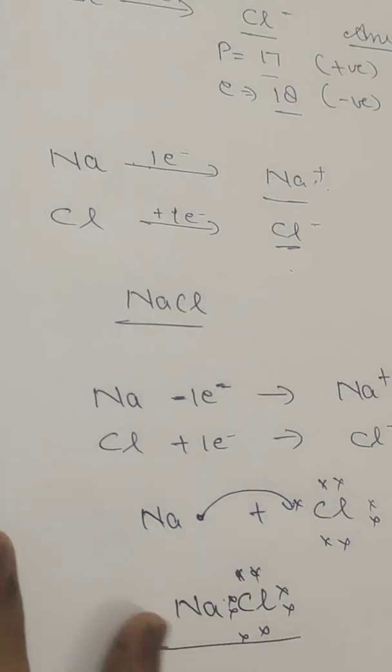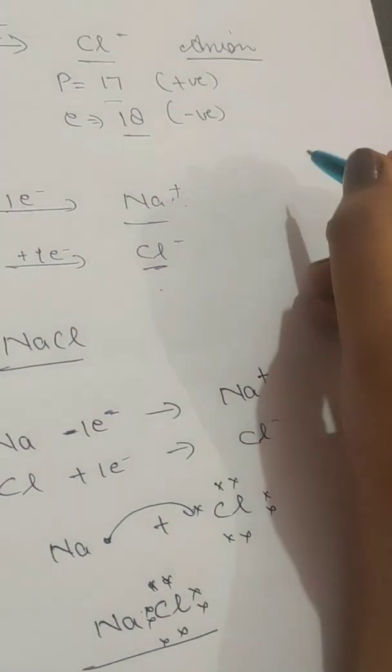So now the elements are the substances. If we take the smallest part of the element, we will get an atom, and if we take the smallest part of a compound, we will get a molecule. So the basic difference is the atom is the pure substance.